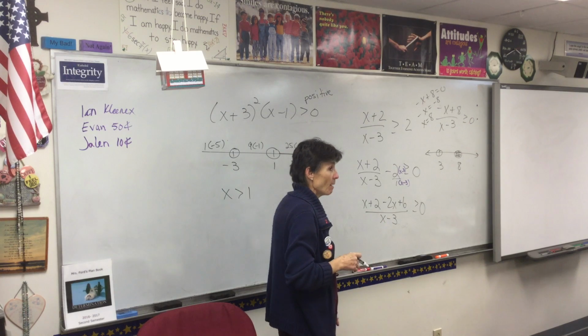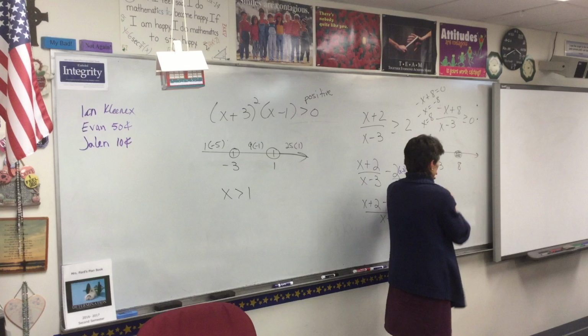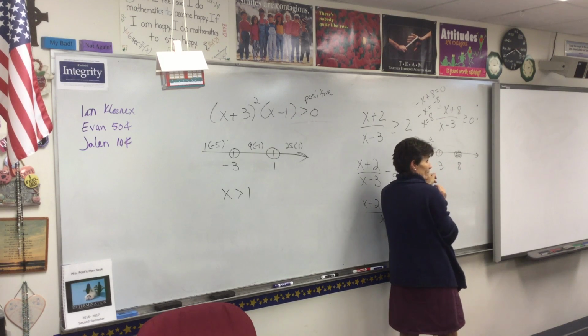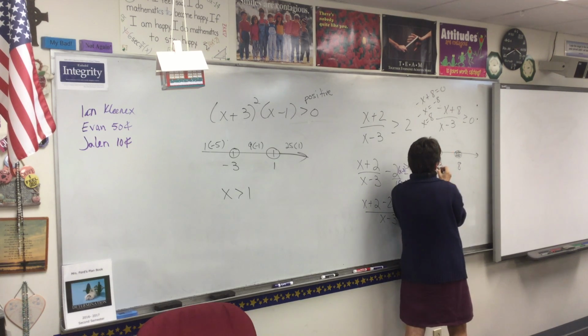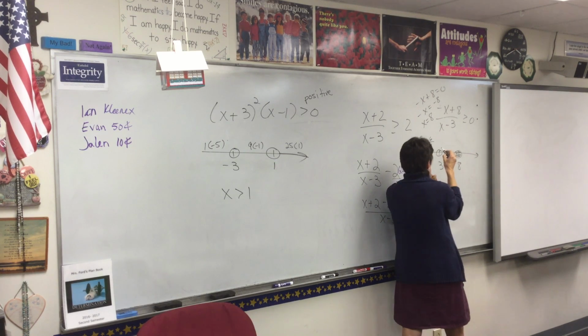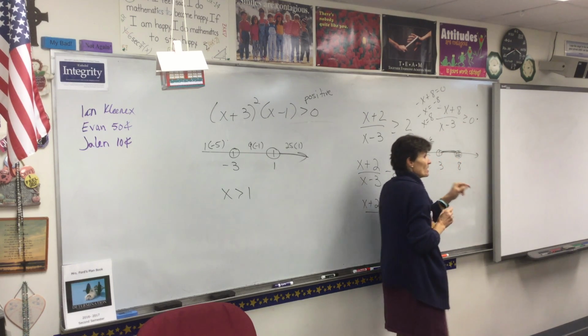Now I need to pick a number. 2. 2 is over here. So if I put it in, I have 6 over negative 1. Is 6 over negative 1 greater than 0? No. So that one is not shaded. This one is. This one isn't.